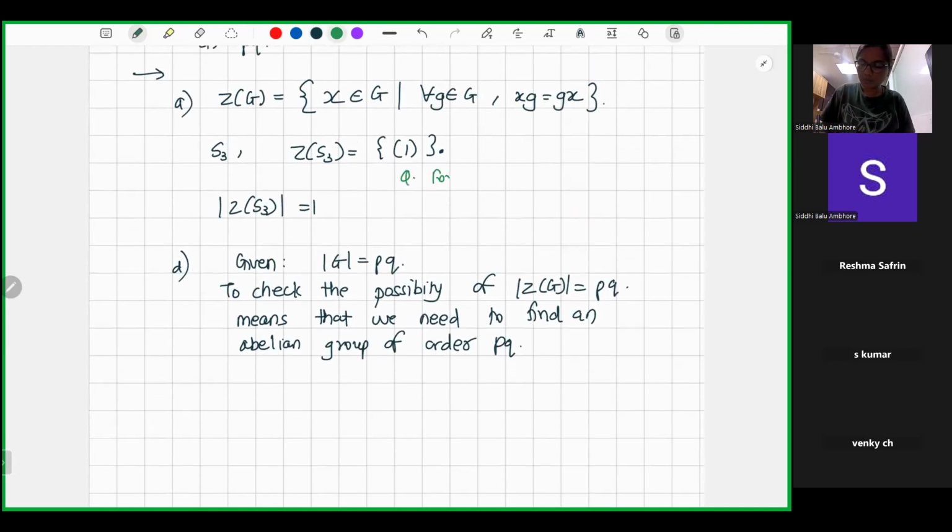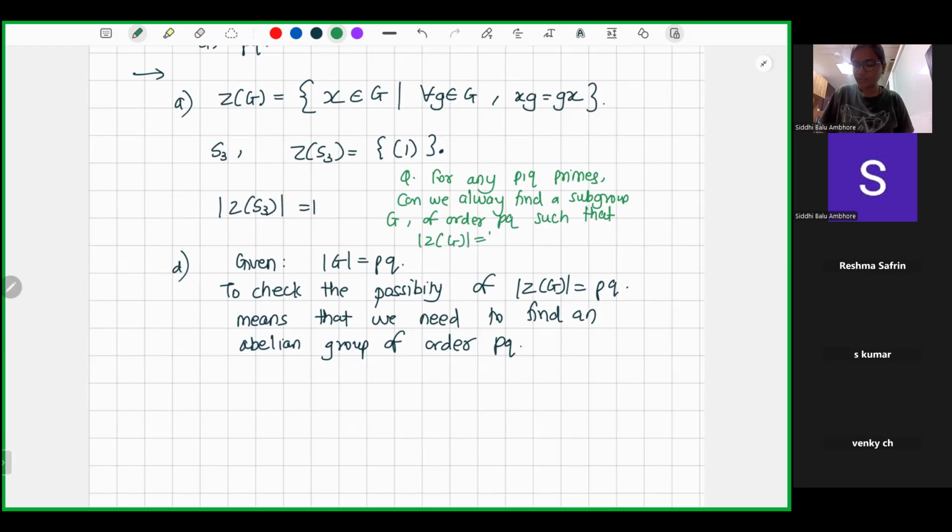Question: for any primes P and Q, can we always find a group G of order PQ such that the center ZG is trivial, that is, the order of ZG is one?